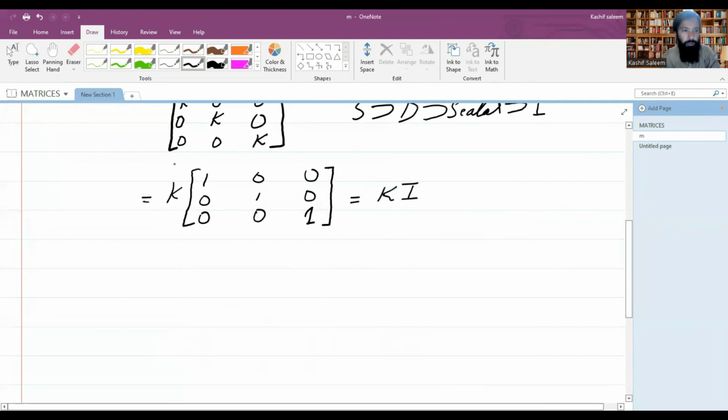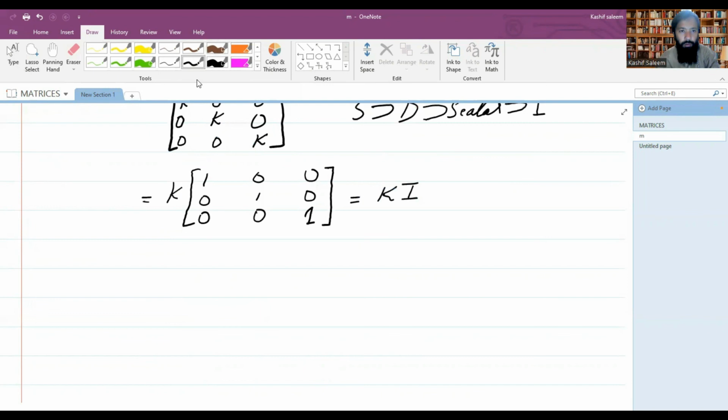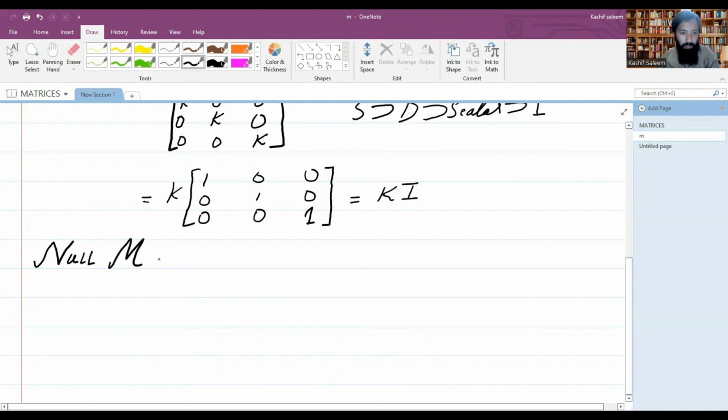Now next move on to the other type, which is a null matrix. So what is a null matrix? A null matrix is a matrix in which all the elements are 0. This is 0, this is 0, this is 0, and so I write it as a 3 by 3 matrix.